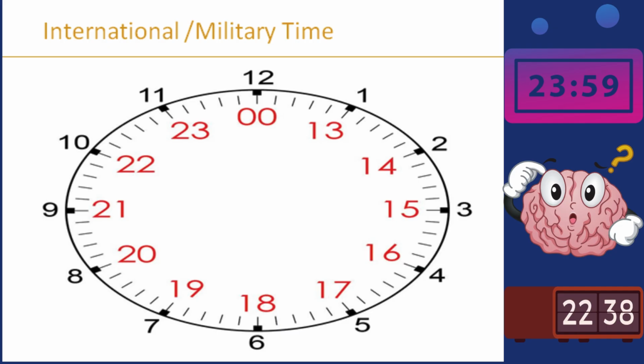You might hear, if you're military, they use those terms. 5 in the morning is 0500. 6 in the morning is 0600. 7 in the morning is 0700. 8 in the morning is 0800. 9 in the morning is 0900. 10 in the morning would be 1000. 11 in the morning, 1100.